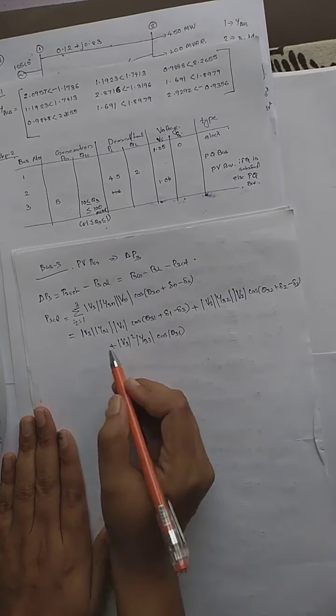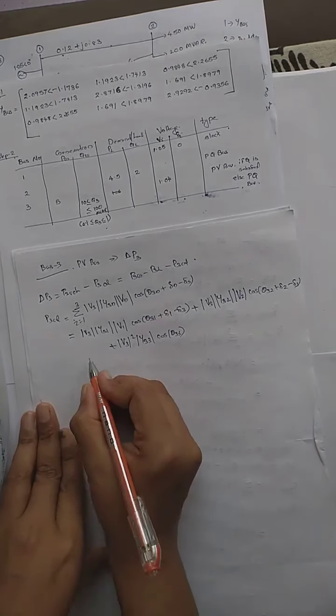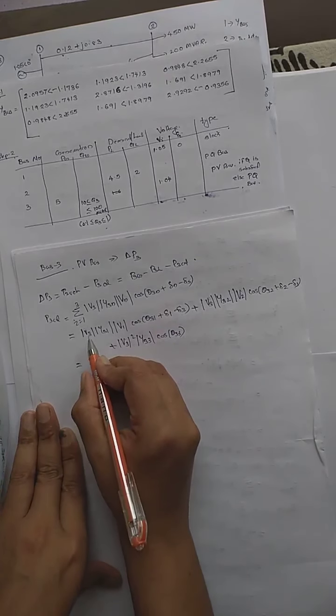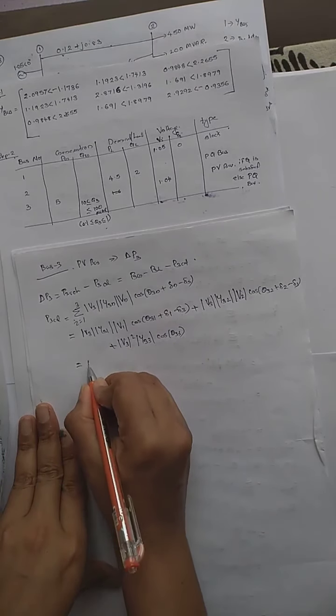So this is the value for P3 calculated, and we are substituting it as V3 value, it is 1.04.